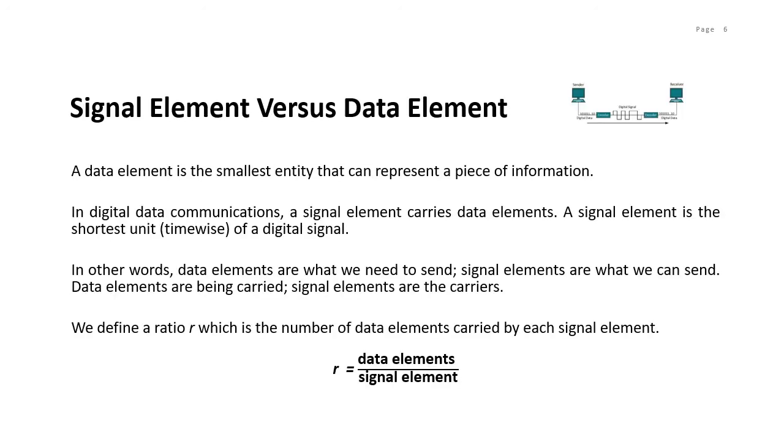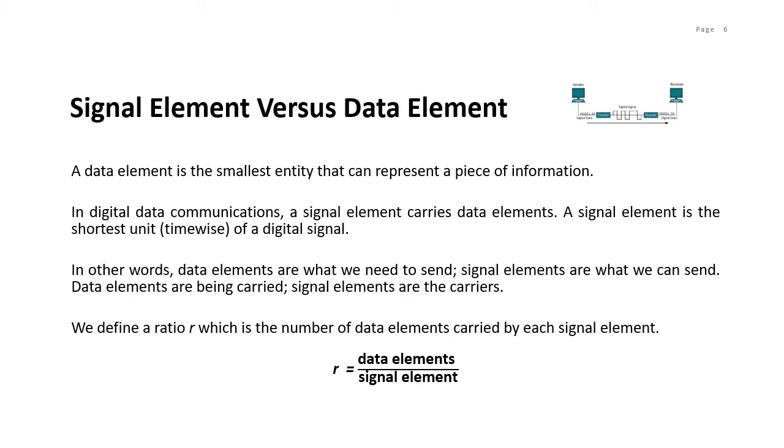A data element is the smallest entity that can represent a piece of information, meaning that it is the bit, either 0 or 1. In digital data communication, a signal element carries data elements. So this data element is to be carried by the signal element. A signal element is the shortest unit, time-wise, of a digital signal.